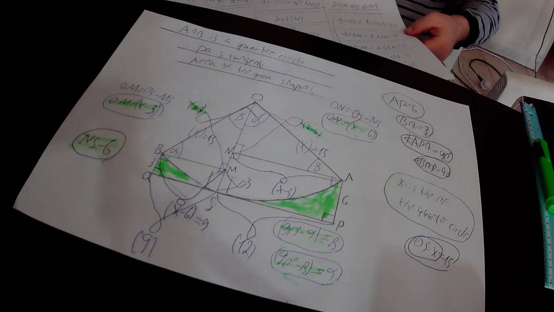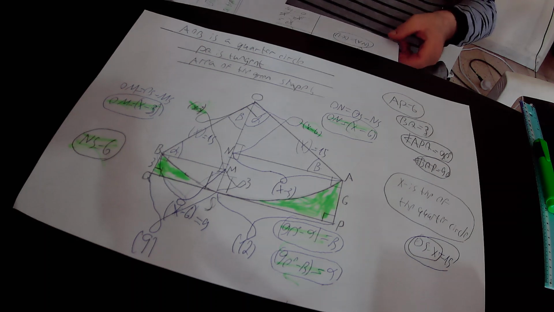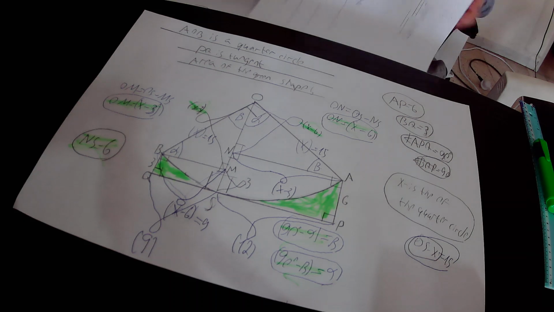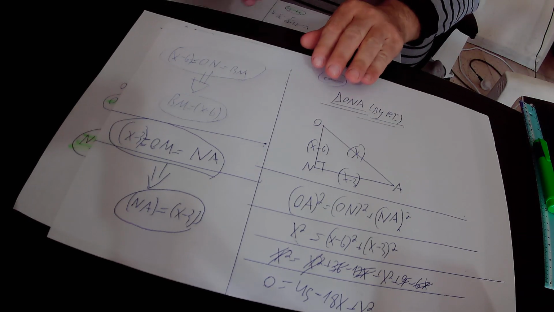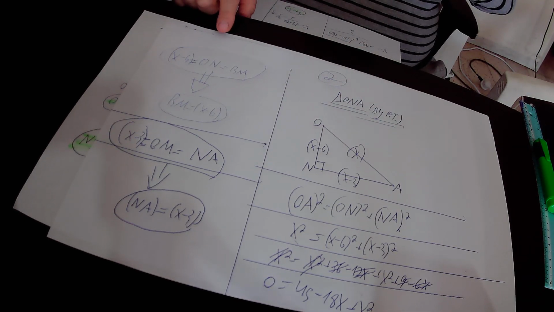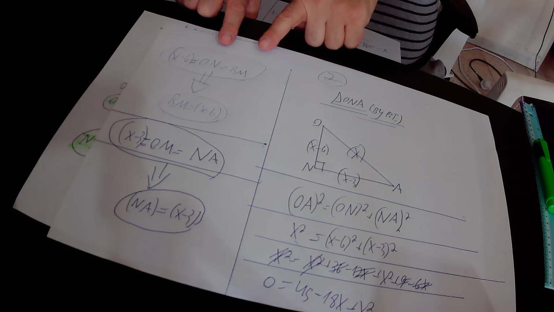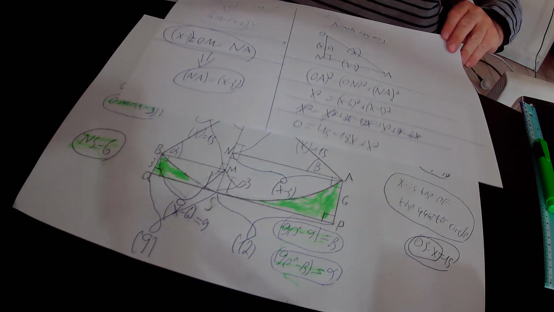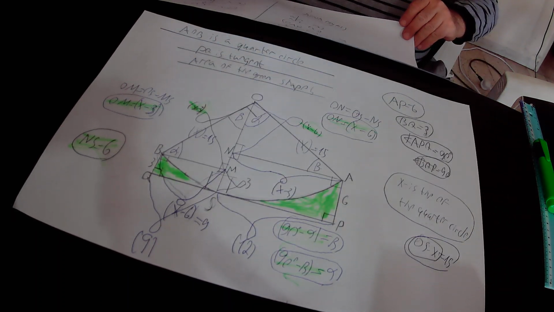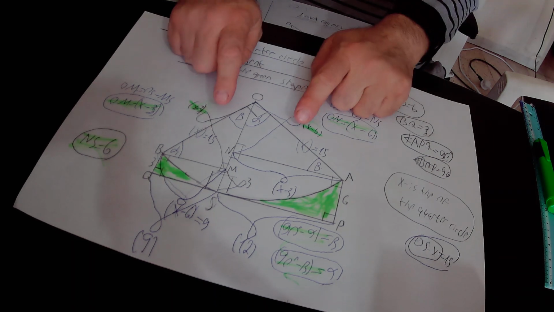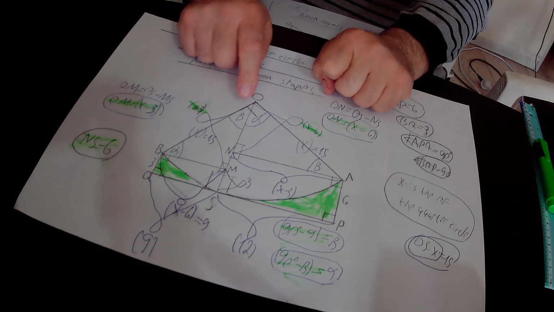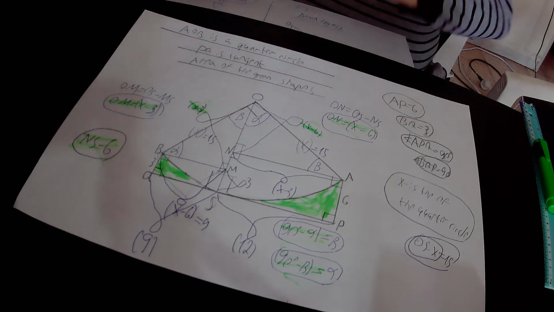Repeat again: we derive from the congruence that ON equals BM, according to the rule that corresponding sides of congruent triangles are equal to each other.